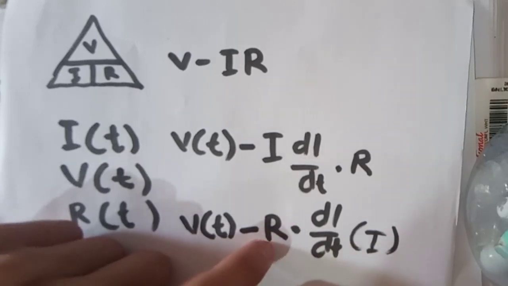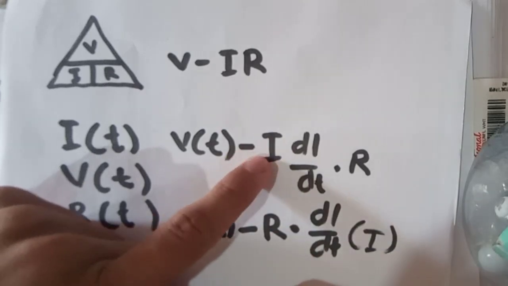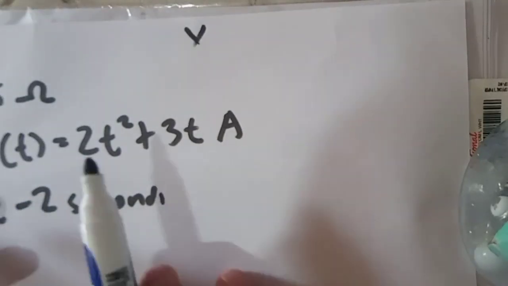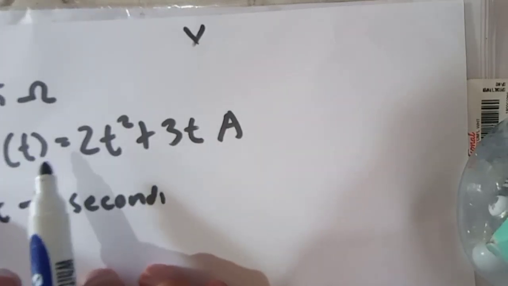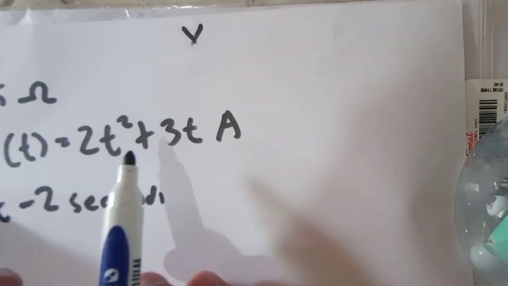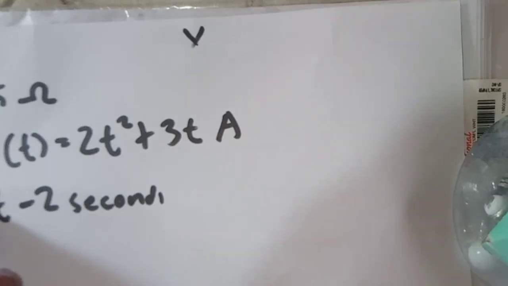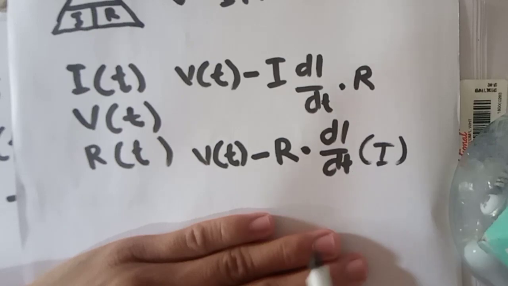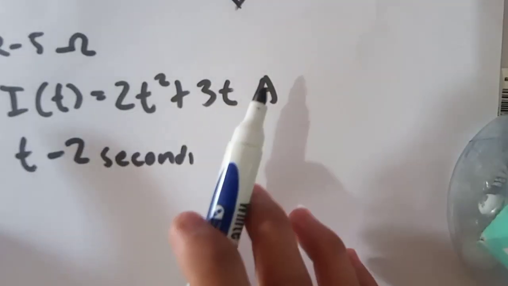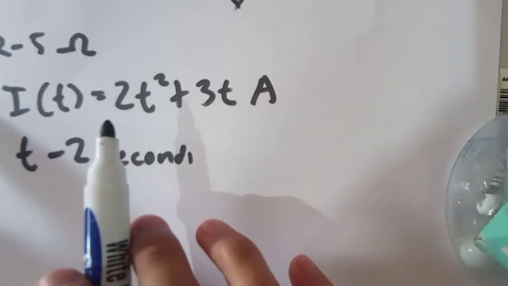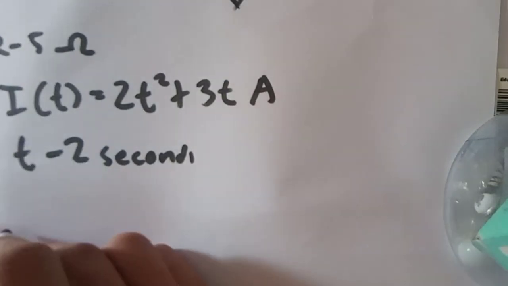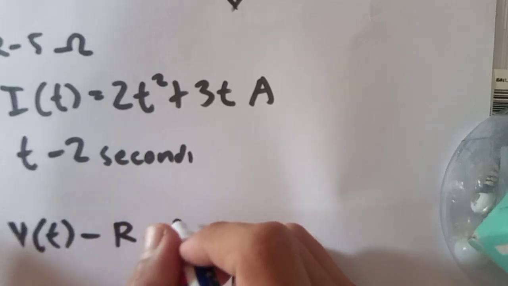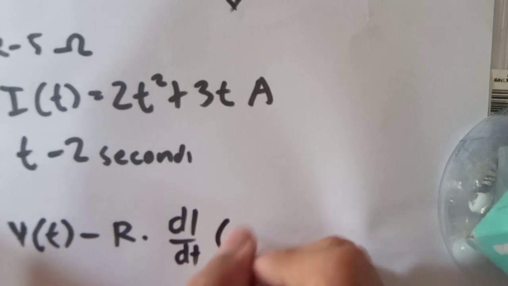Because in this given example, only the current equation is a function of time, we can use this equation, voltage equals R times the derivative dI over dt, on the example that we have.